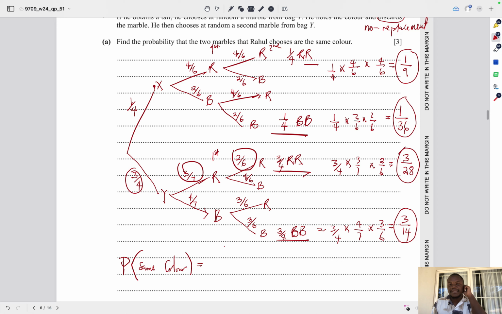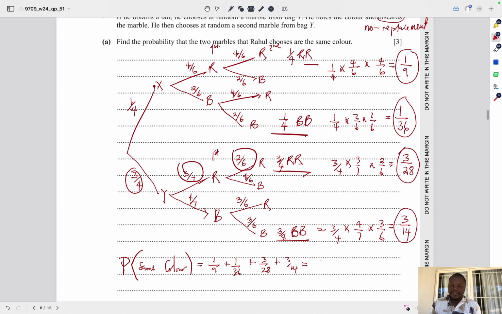So I'm just going to punch that on my calculator. 1/9 plus 1/36 plus 3 over 28 plus 3 over 14.